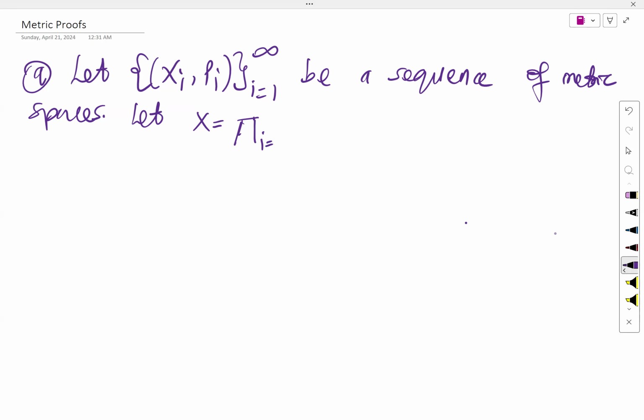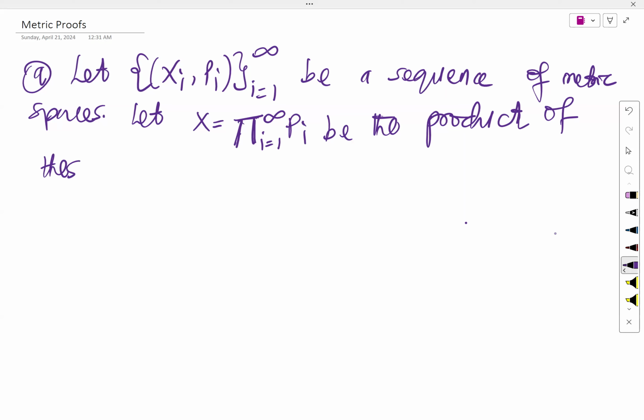X equals the product, pi from i equals 1 to infinity of Xi, be the product of these metric spaces.